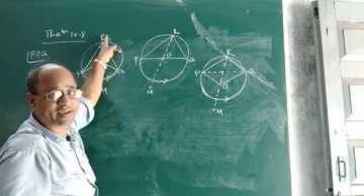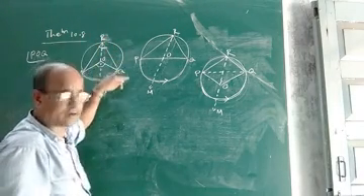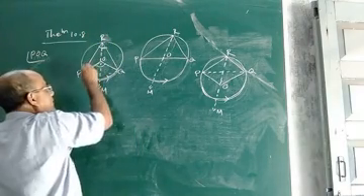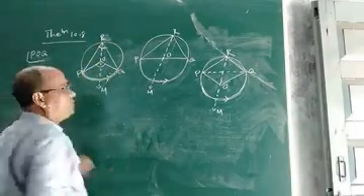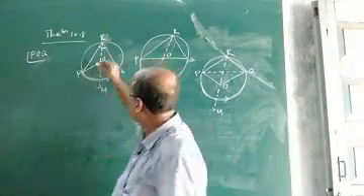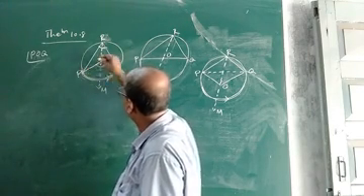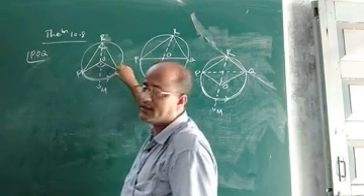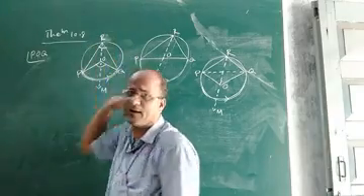And if R is taken as a point on the remaining part of the circle, and if we join the two endpoints of the minor arc PQ to R, we will get another angle PRQ. So angle POQ is the angle subtended by this arc at the center, and angle PRQ is the angle subtended by the same minor arc on the remaining part of the circle.